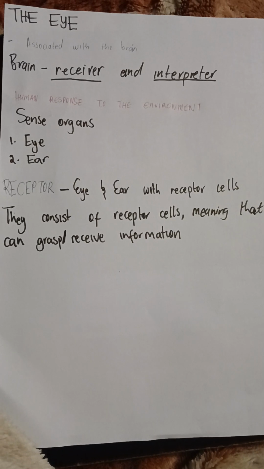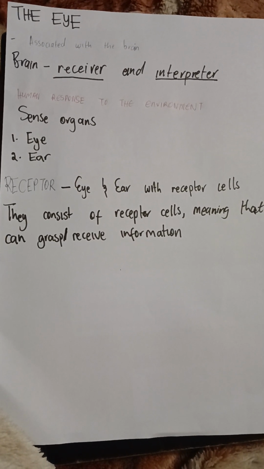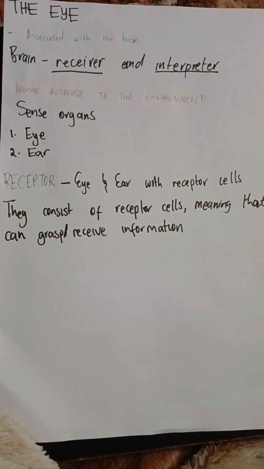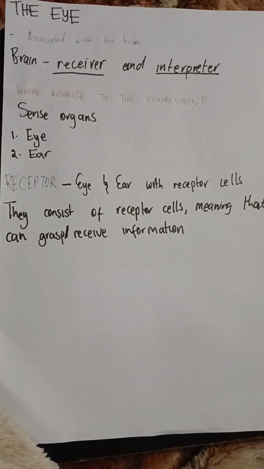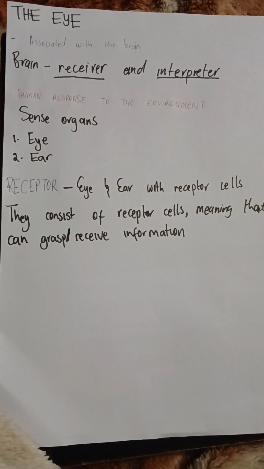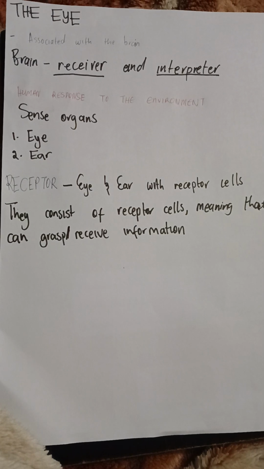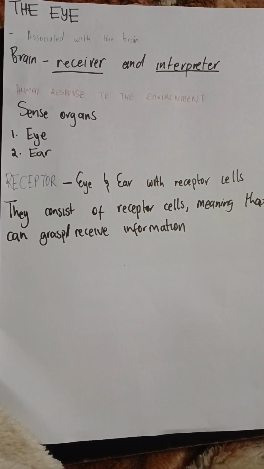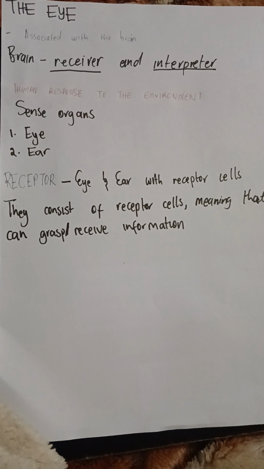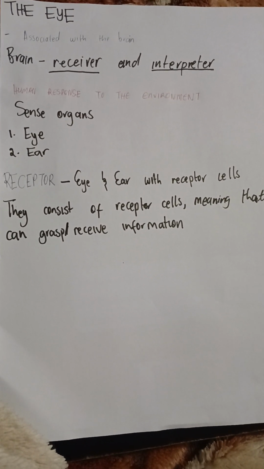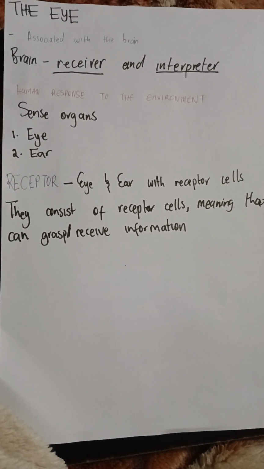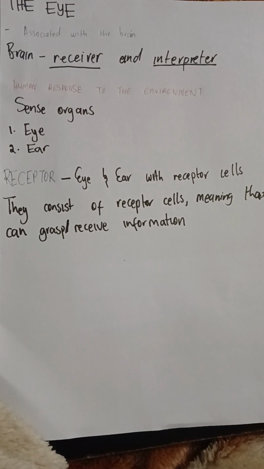So the eye and the ear are the receptors from which a response will come. A response will come from the eye and the ear to the central nervous system, and the central nervous system will take it out to the effector.